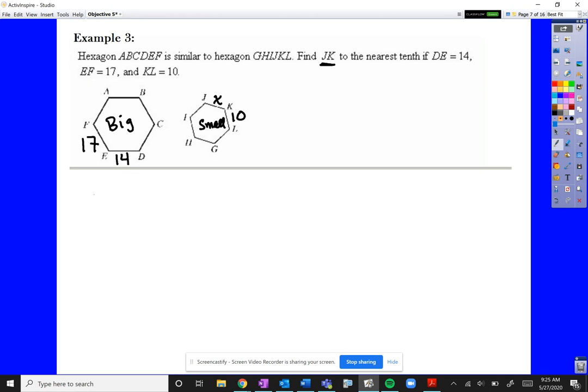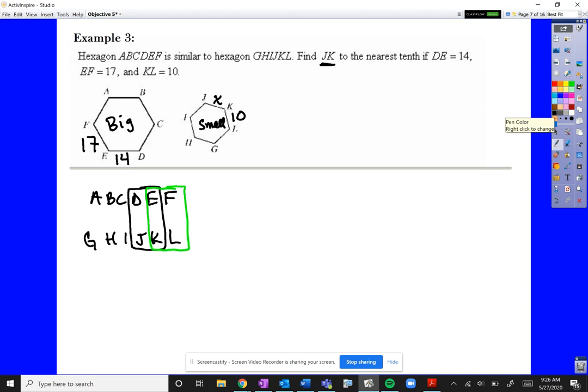What I want us to determine here is which sides match up. GHIJKL. And when you put them on top of each other, guys, it's really easy to see. DE and JK match up because they connect positions 4 and 5. And then EF and KL match up because they connect positions 5 and 6.